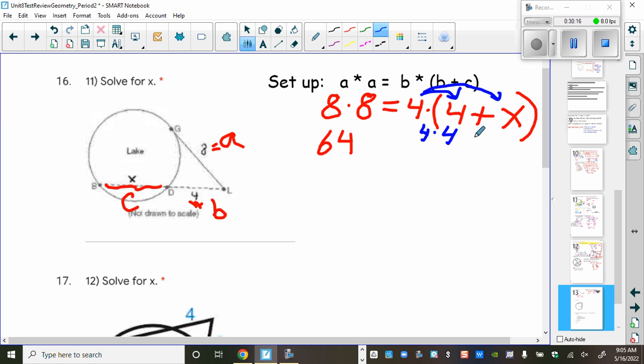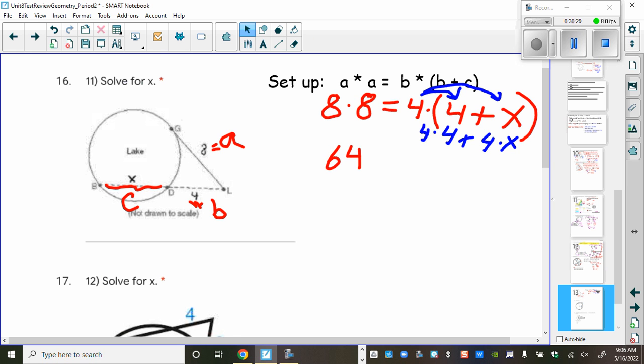And then what about 4 times x? Well, can we do anything to the 4 times x? Or is it just 4x? Let me fix that up a little.